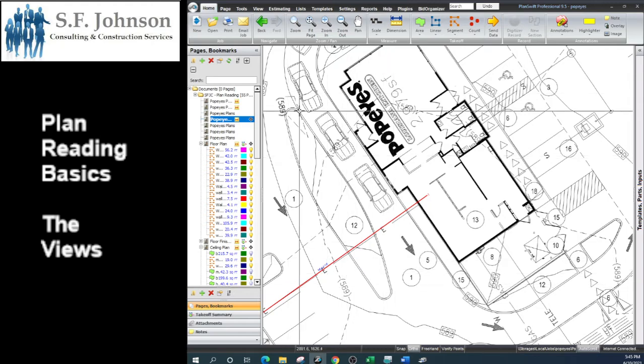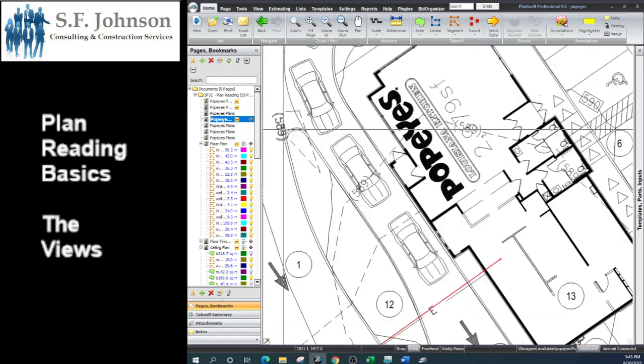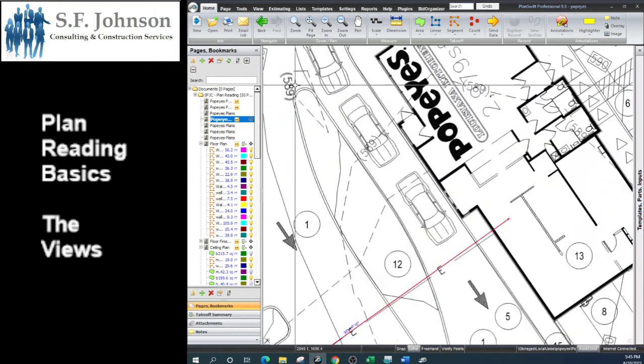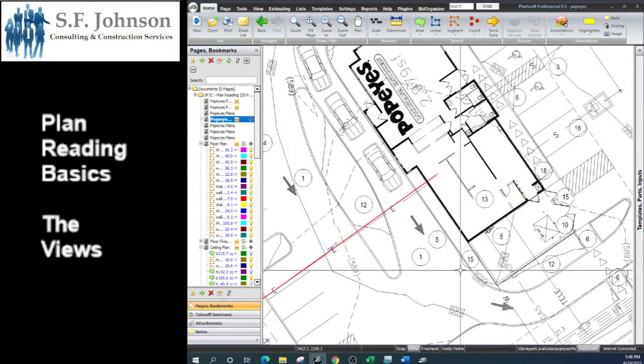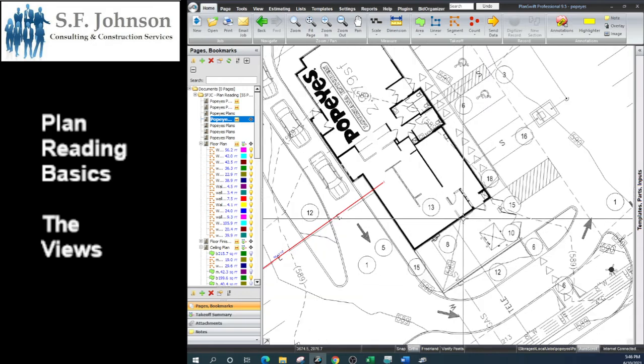It doesn't tell us anything about the thickness or the radius of this angle. It doesn't give us any of that stuff. So we could do a very poor job if we decided to use this plan view in order to construct anything here.